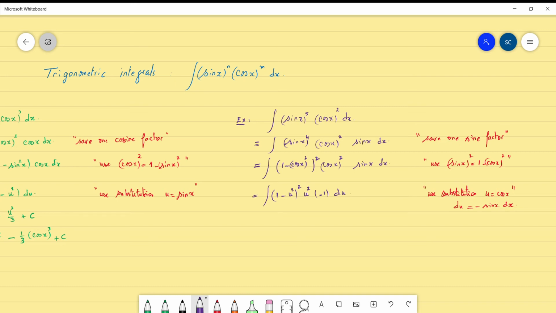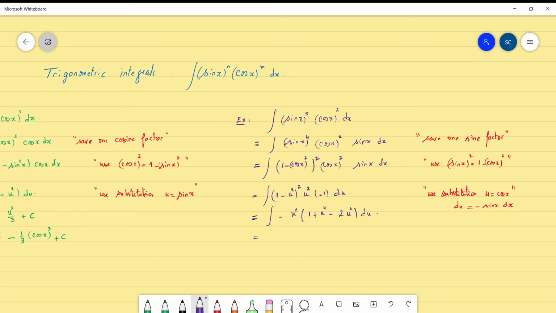And here, of course, it's easy to find the antiderivative. It's a polynomial, so I just need to develop my polynomial. So I will get minus u squared times 1 plus u to the fourth minus the double product du.